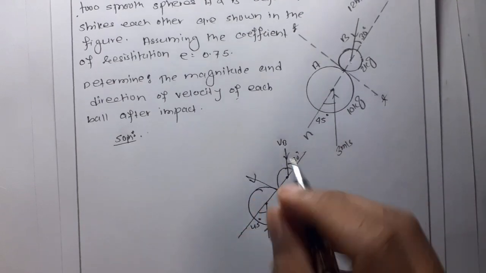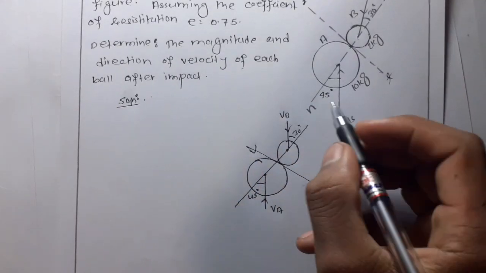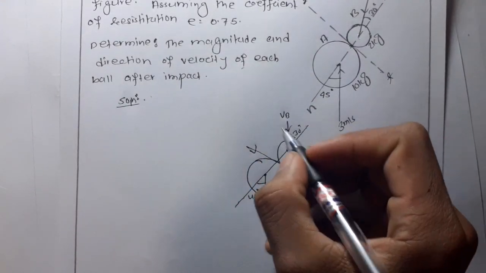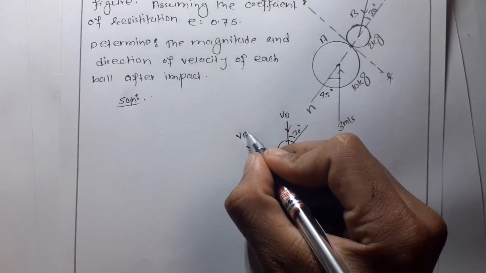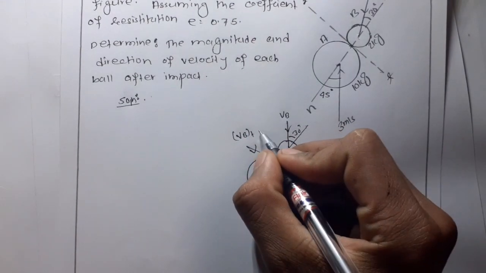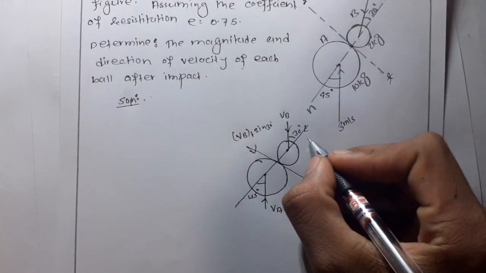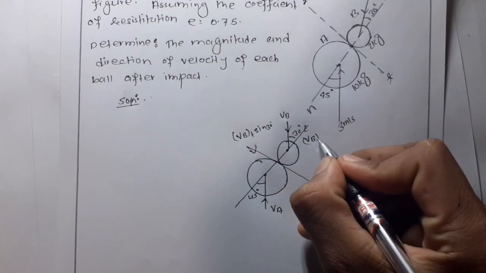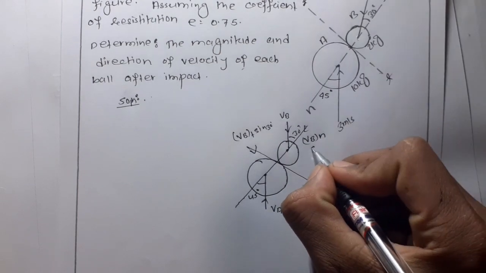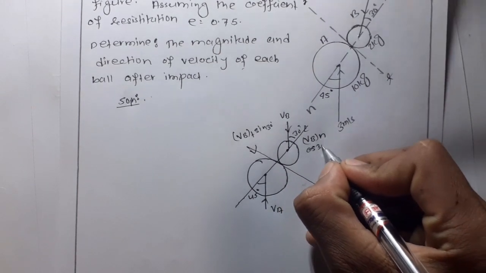So the tangential component of sphere B is vBT. This is v_B sine 30 degrees and the normal component is vBN, v_B cos 30 degrees.